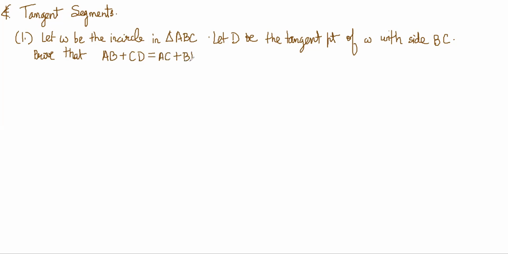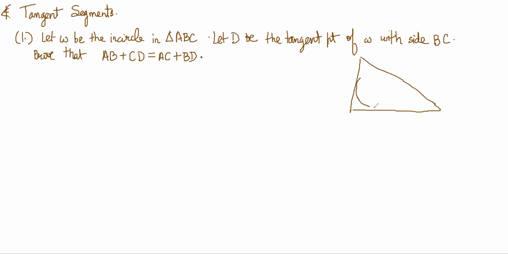Very straightforward. Just draw a diagram, you'll get it. Because the tangent lengths from one point are equal. Everyone just draw a diagram. D is the tangent point of W with respect to side BC.